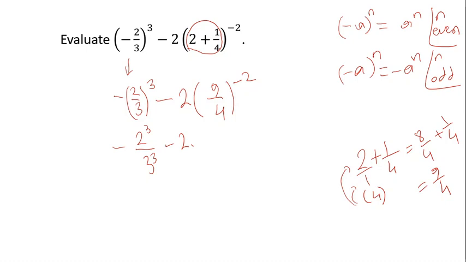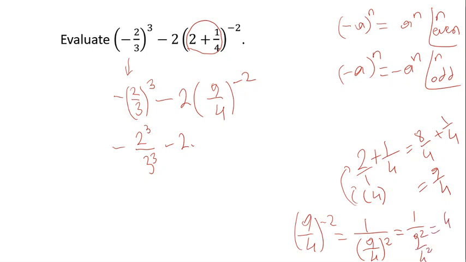So what does this mean here? You can write it this way. That means 4 squared over 9 squared. So this will become 8 over 27.